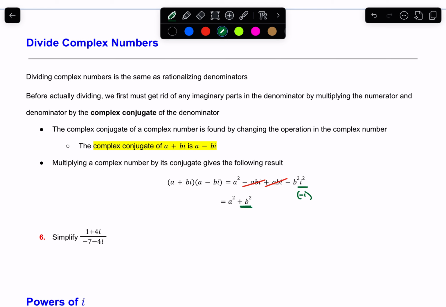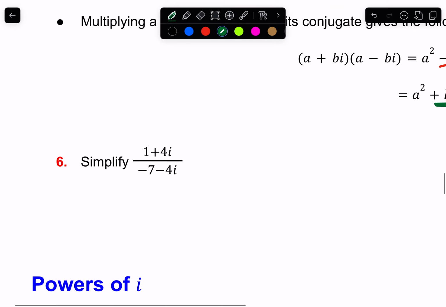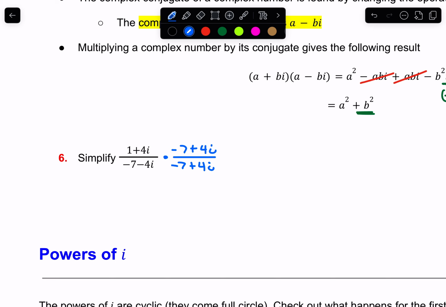So we can skip a couple steps when we do the denominator and just go straight to a squared plus b squared. So for number 6 here, we have 1 plus 4i over negative 7 minus 4i. We're going to multiply top and bottom by the complex conjugate of the denominator, which is negative 7 plus 4i, where all we do is change the sign on the i part of the complex number.